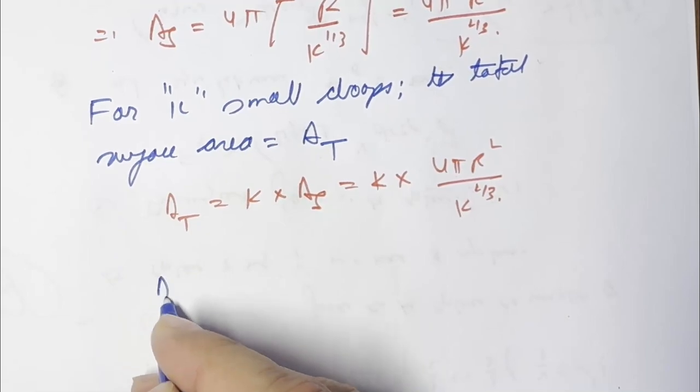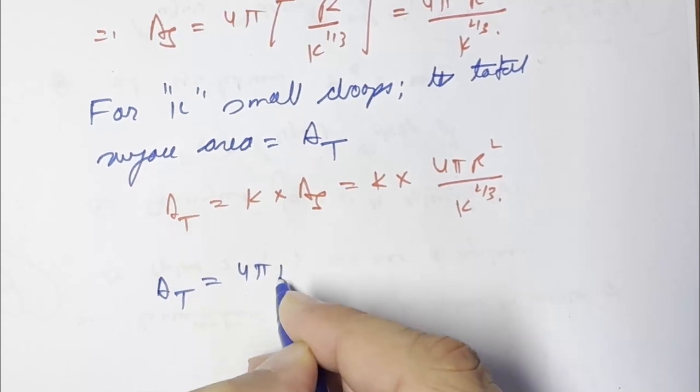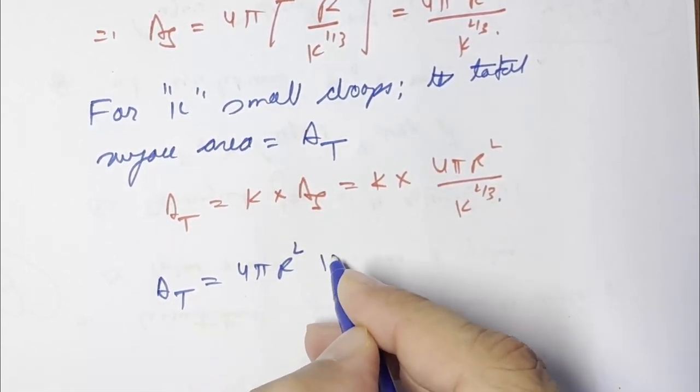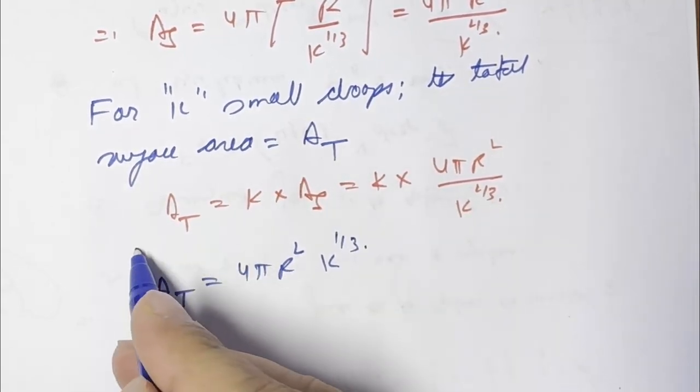So the total surface area of all the k drops will be equal to 4 pi R square multiplied by k to the power 1 by 3.